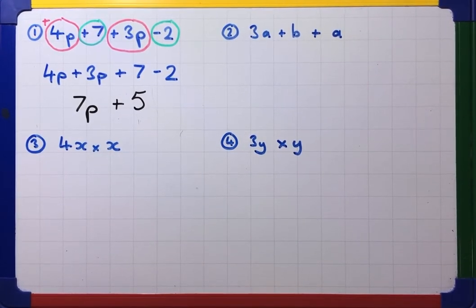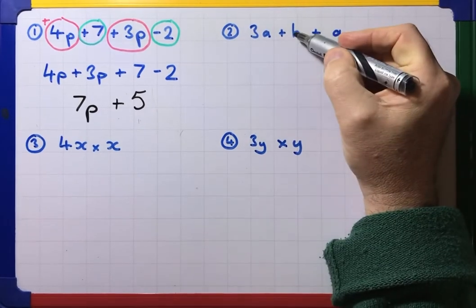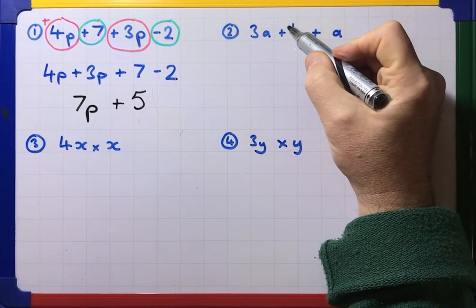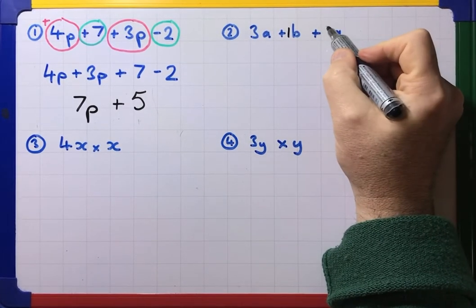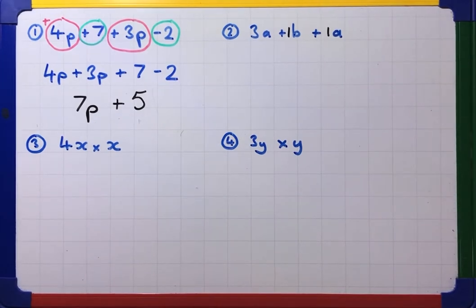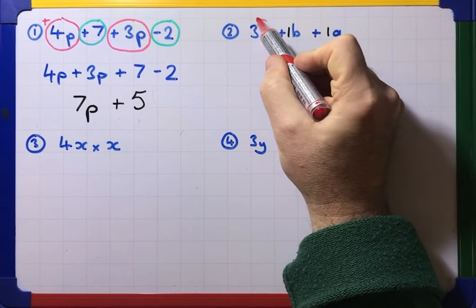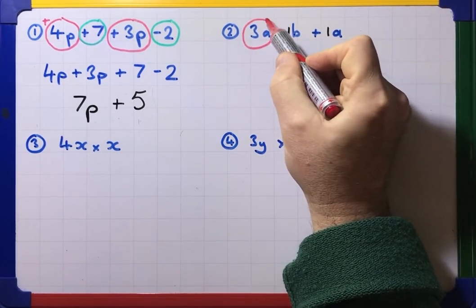Okay, let's look at the second one now. First of all, if we write B, I mean 1B. It's just we don't normally put the 1 in there. Similarly, A is 1A. Okay? Now here, this is what we call an A term.